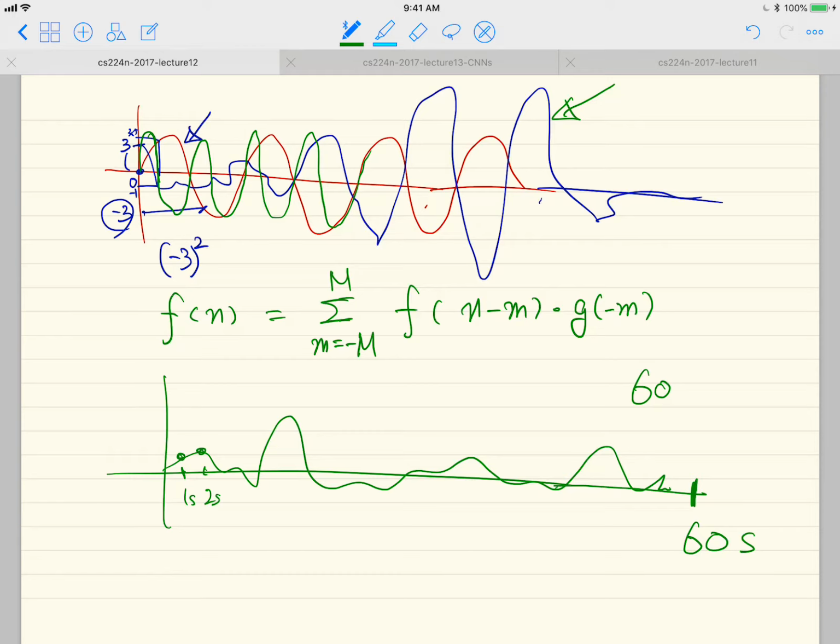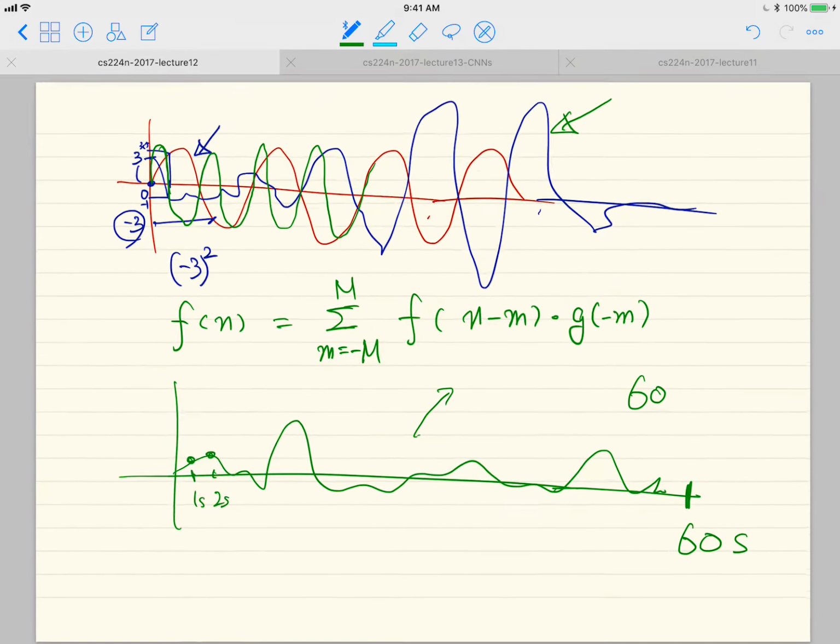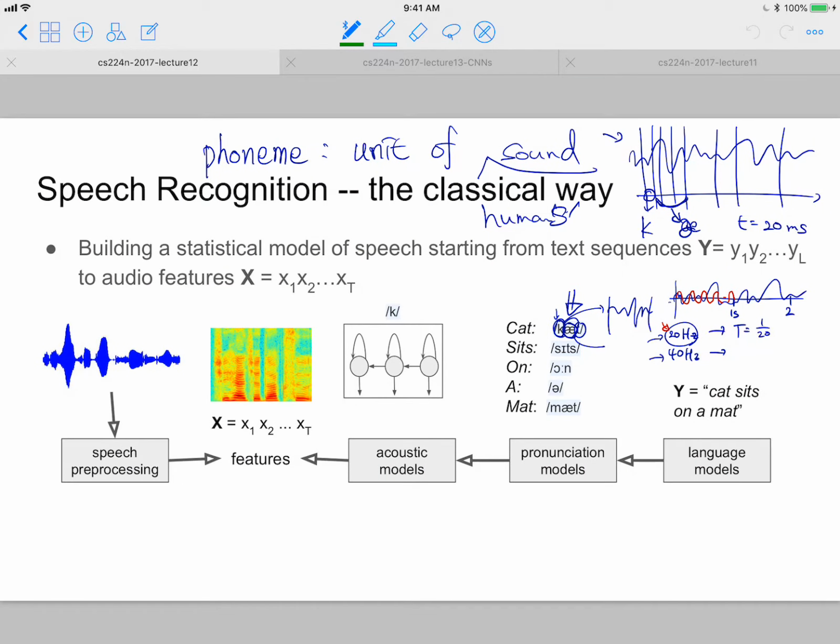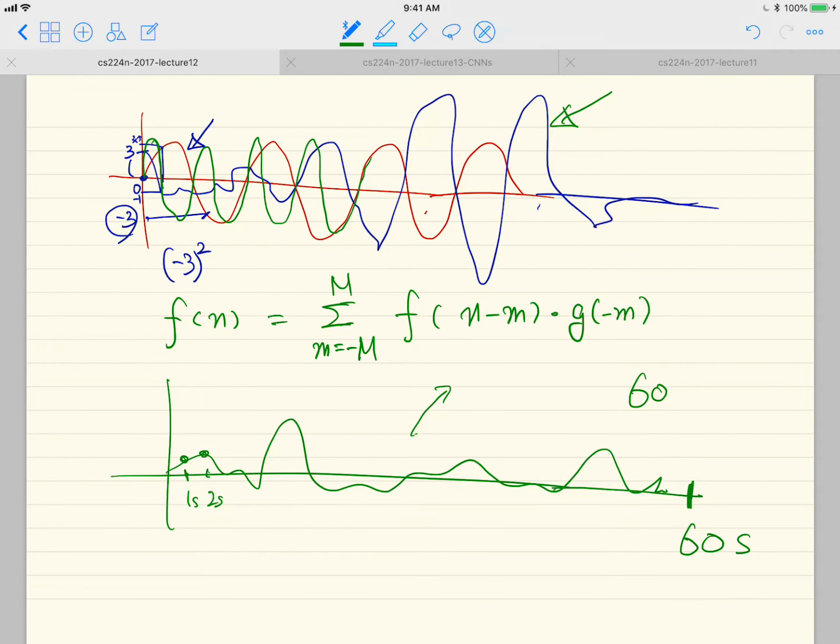But we can convert this signal equivalently into another vector representation by using frequency component extraction, like 1 hertz, 2 hertz, and so on. We have to divide our frequency values equally.